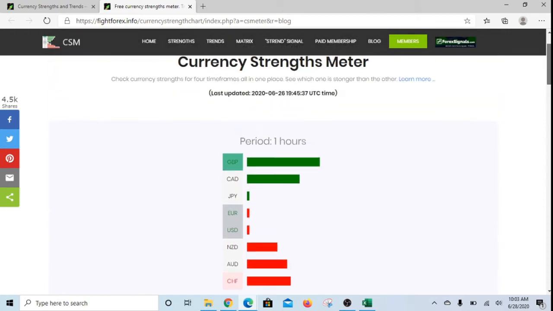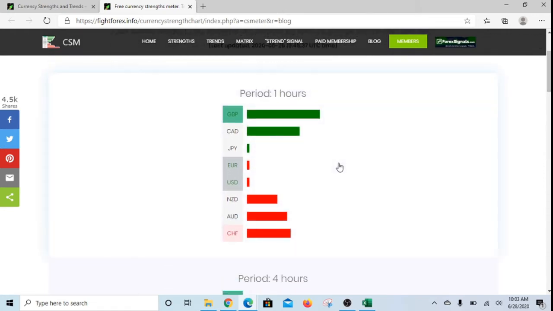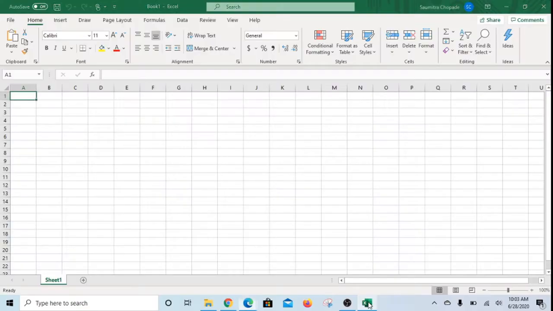Let me try to explain quickly how these charts are built. There is a very simple calculation behind this. It's not rocket science, really. Let me explain with a couple of examples in an Excel sheet. Let's say that GBP/CHF went up by 20 pips in the last 15 minutes.